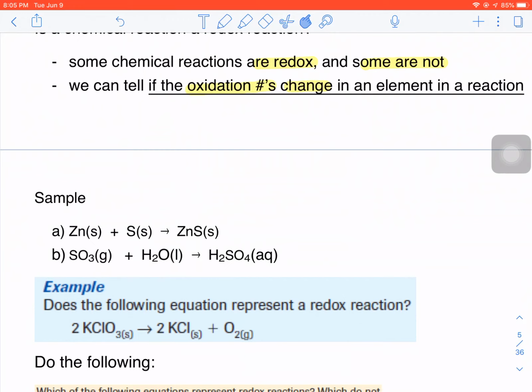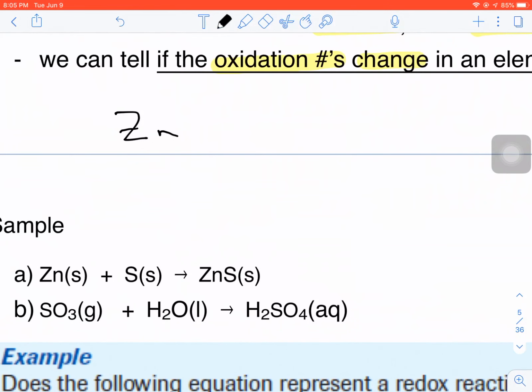The first example is zinc reacting with sulfur to become zinc sulfide. I'm going to write it up here, and make it bigger, actually. Zinc reacting with sulfur to make zinc sulfide. Now, the zinc was 0 because it's an element. Sulfur was 0 because it's an element. This is an ionic compound.